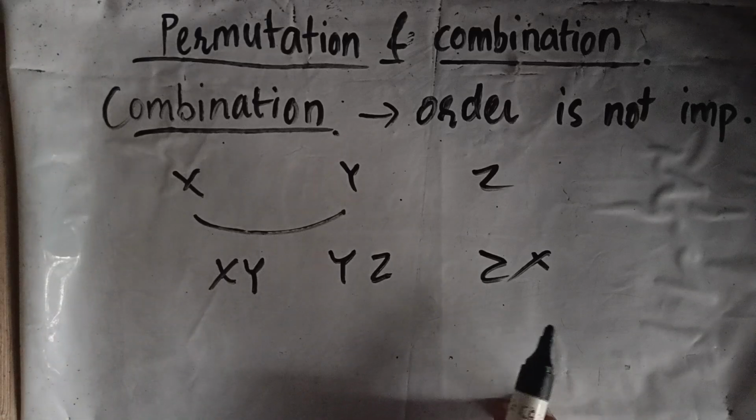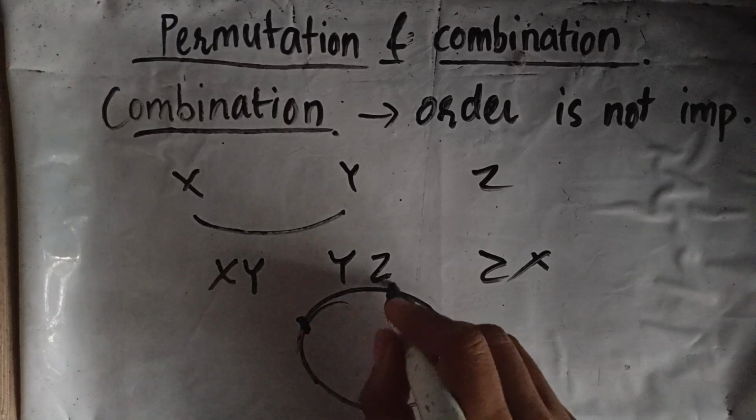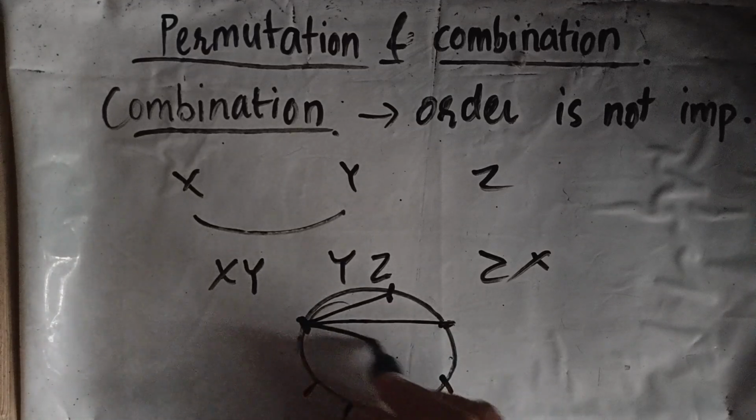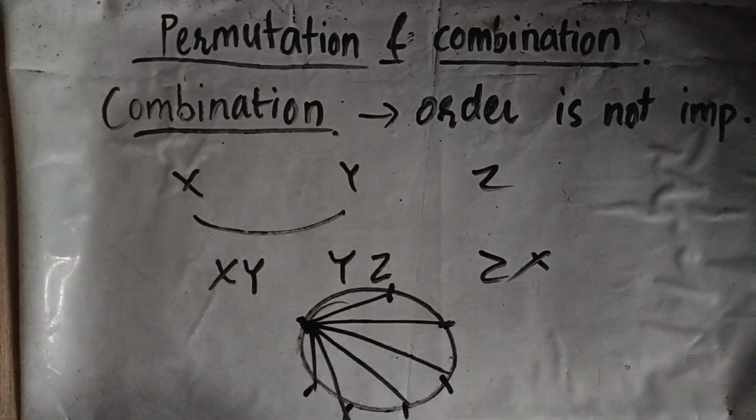That will be the combination. Then another example is if a circle is there and there are 7 different points on that, and we have to draw a chord. So the possible combination is 7 different things taken two at a time.